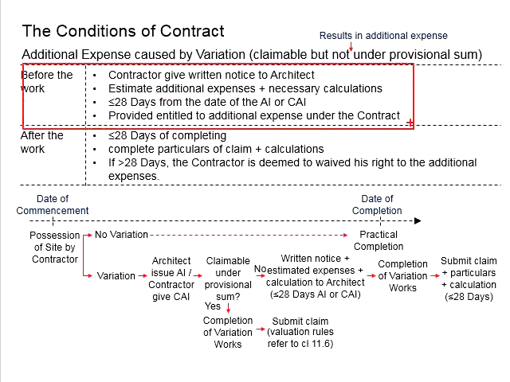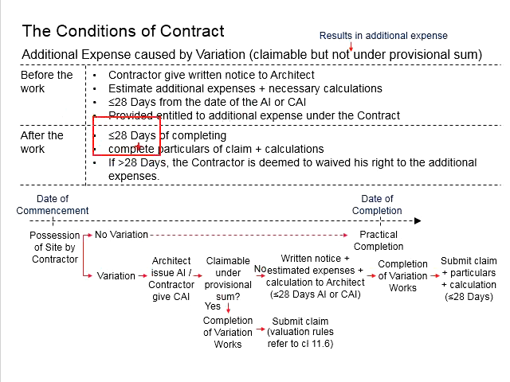Once this is done, the contractor may commence the work. After completing the work, within 28 days, the contractor needs to compile and complete the particulars for the claim plus the calculations. At this stage, the relevant expenses are more or less confirmed. The contractor needs to provide sufficient information to be eligible for the claim.